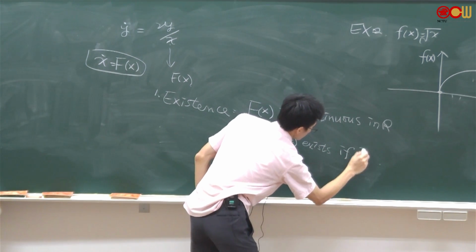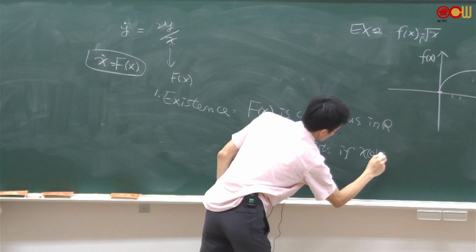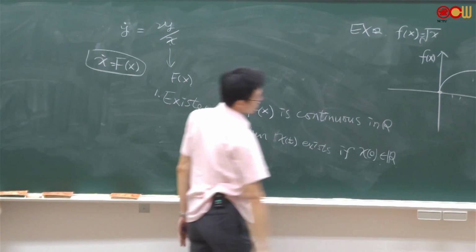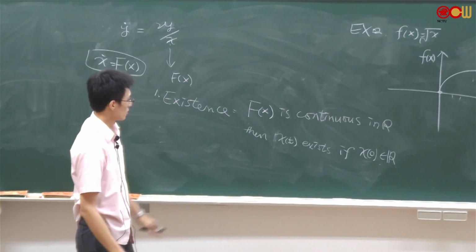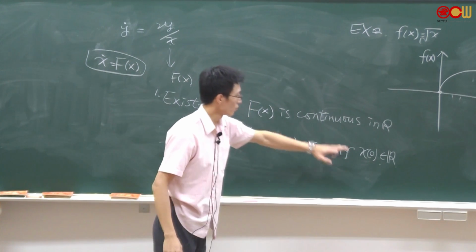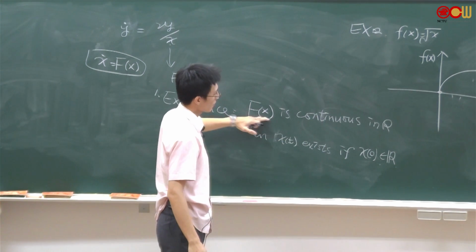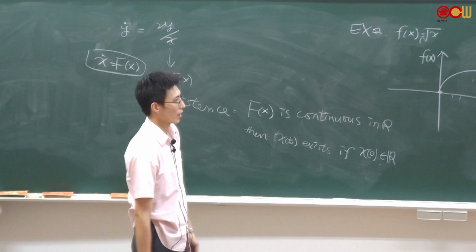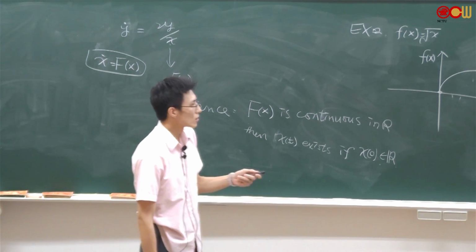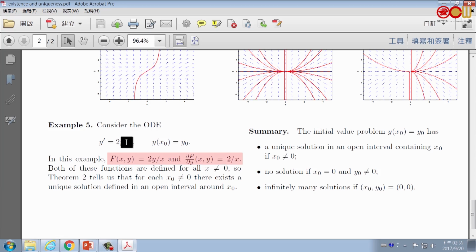If your initial condition belongs to R, that is, it starts from the region where f(x) is continuous, then there exists a solution. So f is this, the partial of f is this, and both functions are defined for everywhere other than x equal to 0.